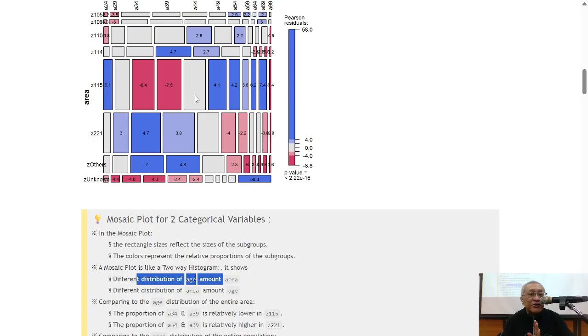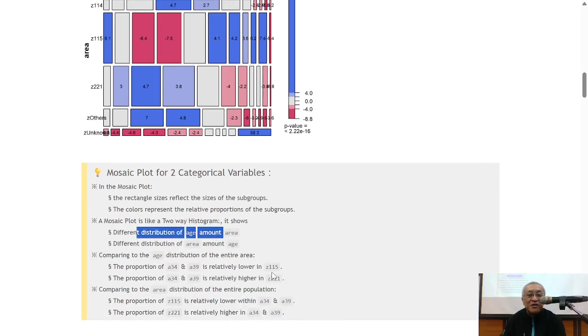So the color shows the relative proportion of each age group who live in Z115, okay? I think a few real examples will help you understand how to interpret this mosaic plot.